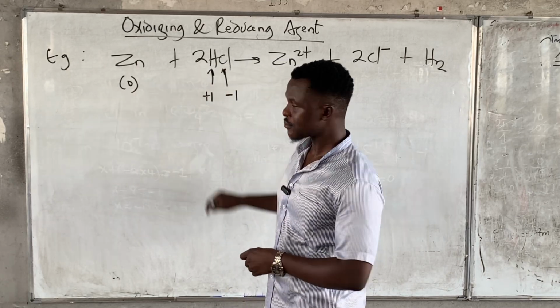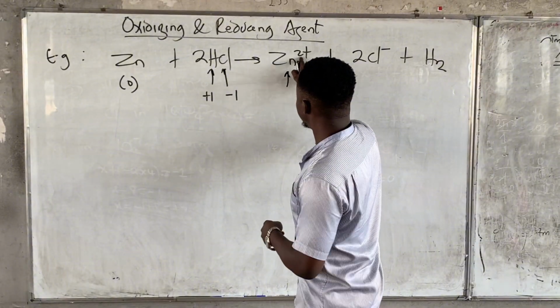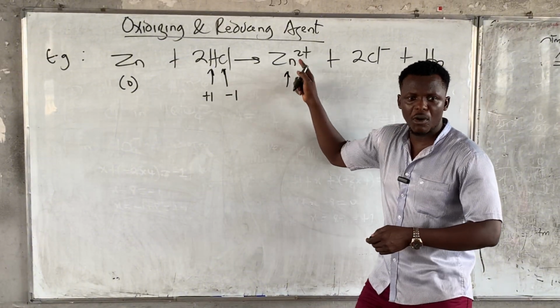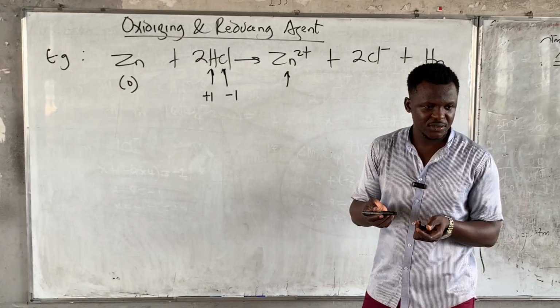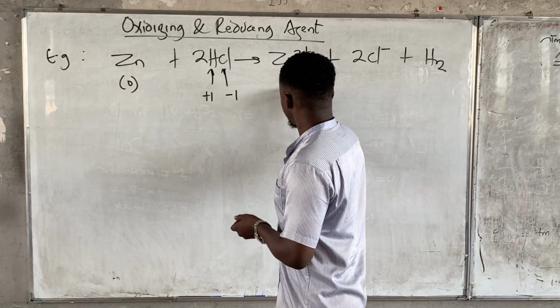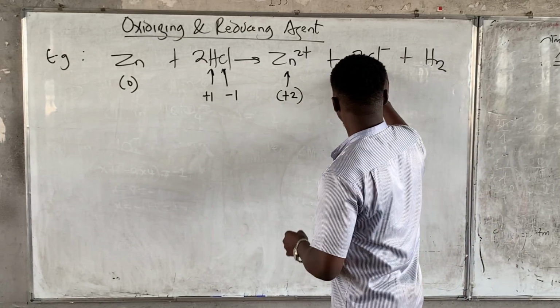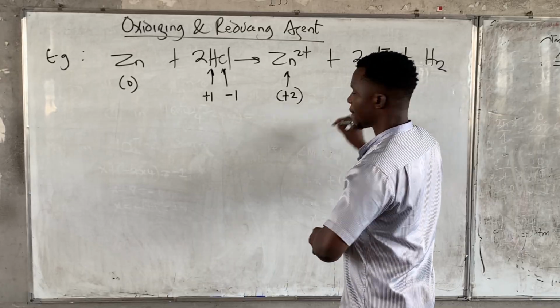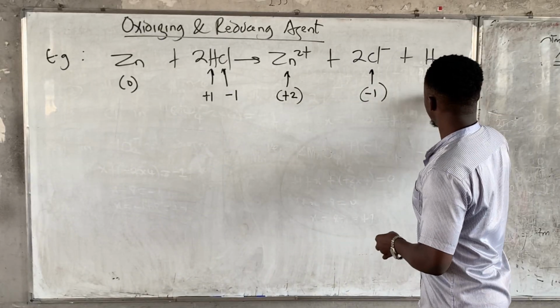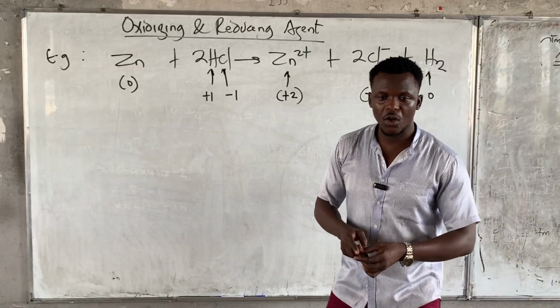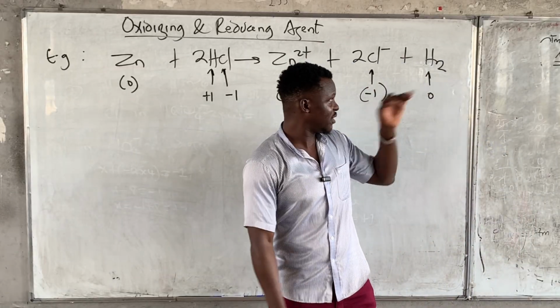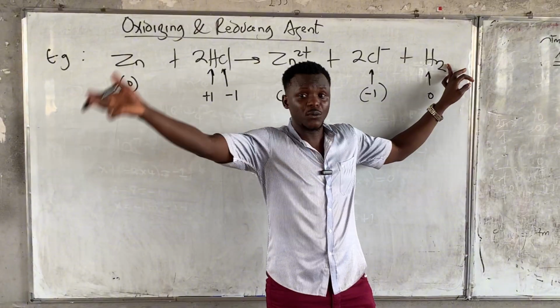Zinc here is now an ion. The oxidation number of a monoatomic ion is its charge, so this is going to be +2. Chlorine is going to be -1. And hydrogen is going to be 0, because this is uncombined.